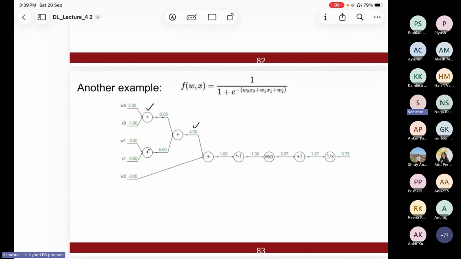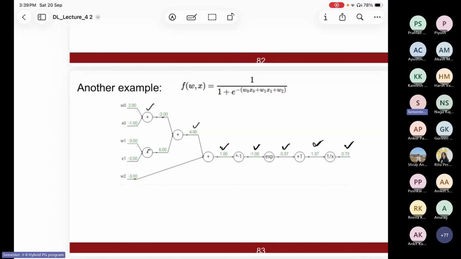Add these two terms, then again add this. Suppose you got this thing. Multiply with -1, you get -1. Apply exponential over that: e to power -1, you'll get 0.37. Then add 1, giving 1.37. And then 1 by 1.37 will give you this. We have calculated it, the forward pass is done.